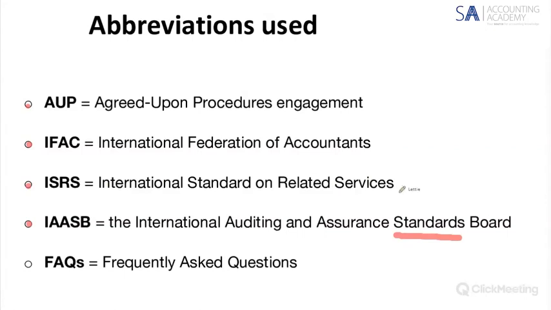Related services are not assurance services, but it is still services that you provide and that you need to adhere to the guidance. So it would be things like agreed upon procedures, compilations, and so on. That's the related services. ISRS, and then FAQs is frequently asked questions. Those are the ones that you'll see on my slides.